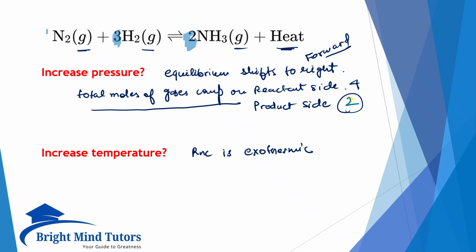The system will try to shift in some direction to absorb whatever extra heat I'm adding. So it's going to shift to the backward direction because the backward is endothermic. And what is the definition of an endothermic reaction? The one that absorbs the heat. Okay. So for this one, the equilibrium shifts to the left side or backward, whatever you want to say.